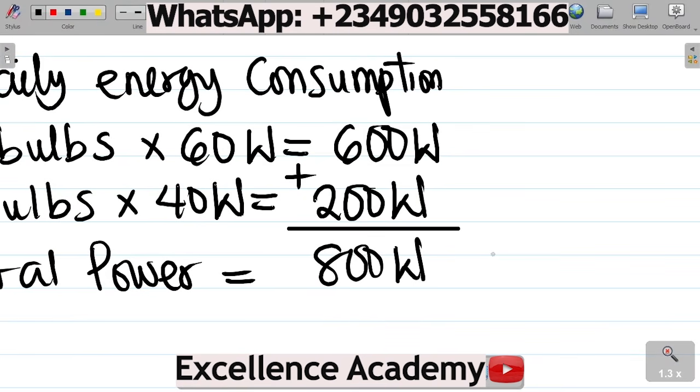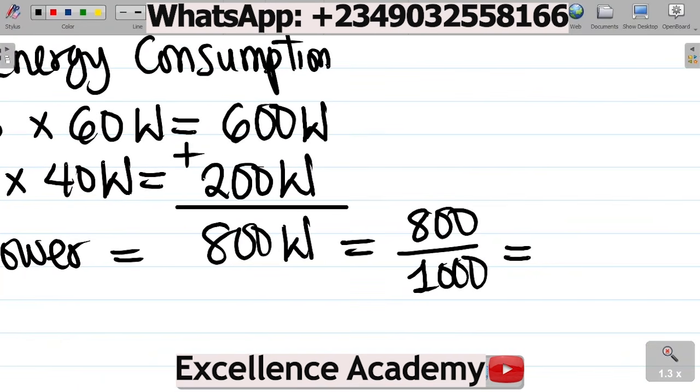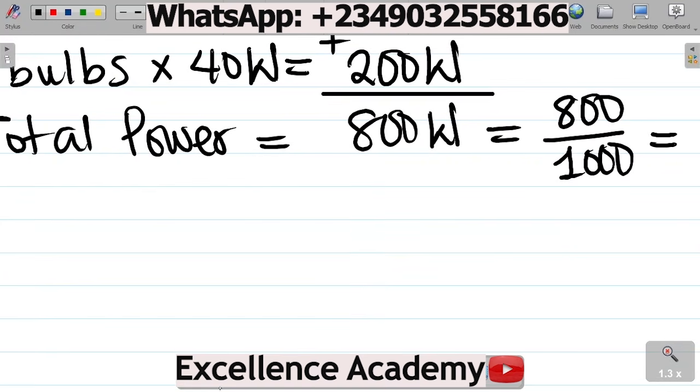Let's convert this to kilowatts. To convert to kilowatts, divide by 1000. That becomes 800 over 1000, which is equal to 0.8 kilowatts. That is the total power consumed. With this, we can now find energy. Don't forget that energy E is equal to power times time.